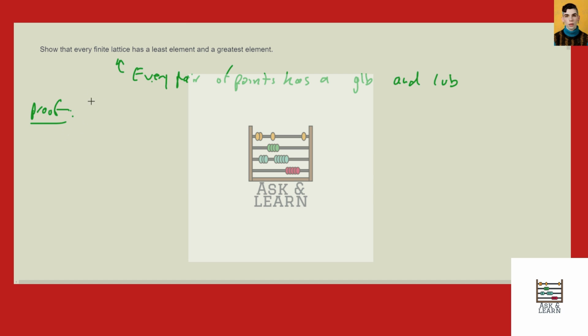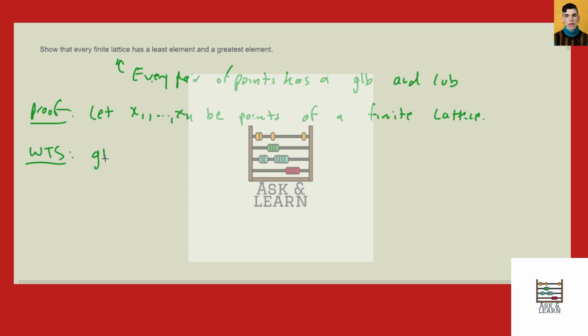So let x1 up to xn be our points of a finite lattice. Okay, so this is what we want to show here.